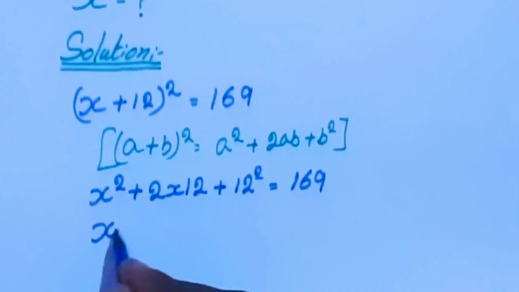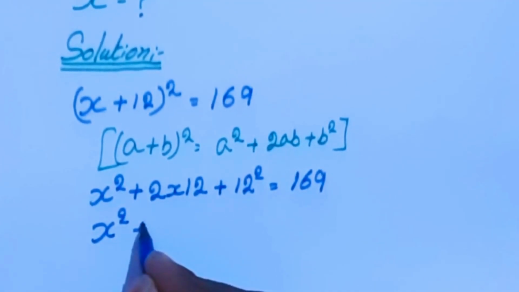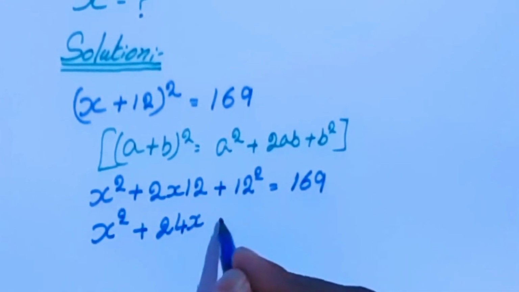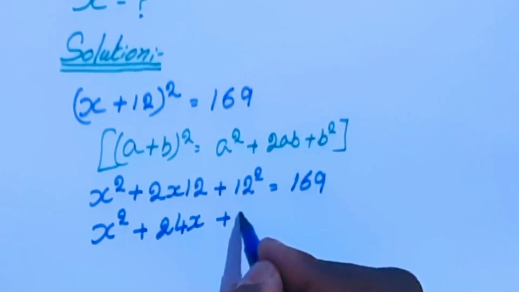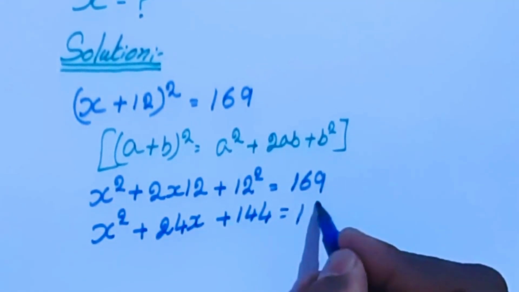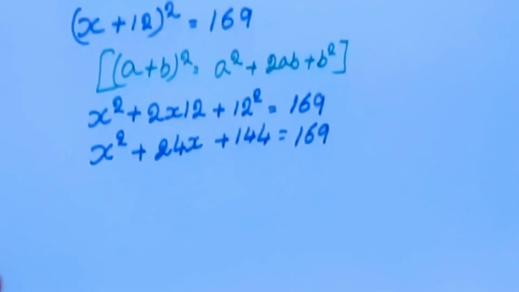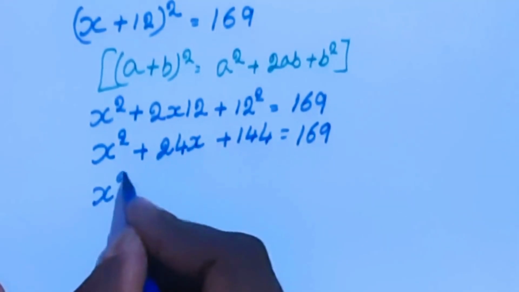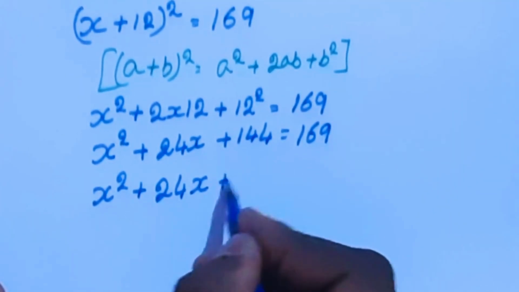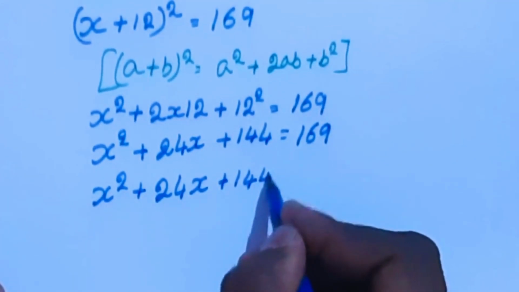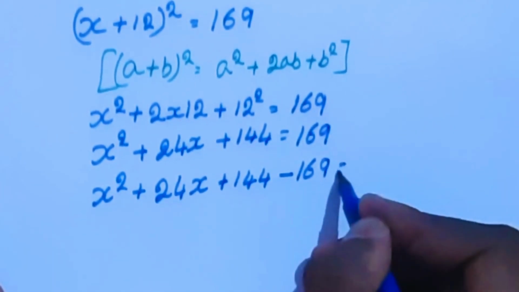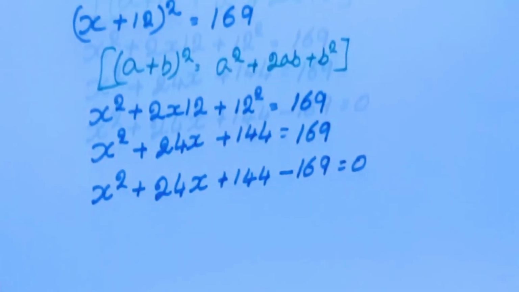Now x² + 2 times 12 is 24x, plus 12² is 144, equal to 169. Now x² + 24x + 144 − 169 = 0.